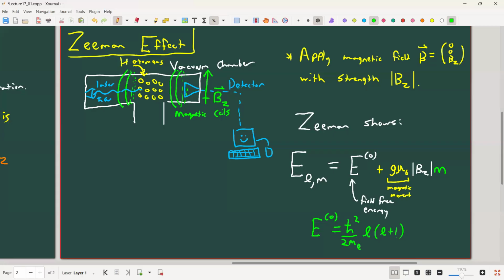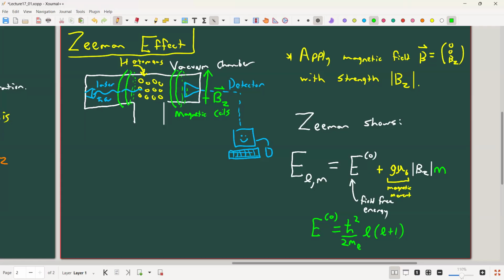So without the field, the energy depends on the orbital angular momentum. The faster the electron spins, the higher its energy. That's what we derived earlier. And so the energy only depends on L. In some sense, if L is 1, it doesn't really matter if you're rotating around the x-axis, or the y-axis, or the z-axis. They're all the same.